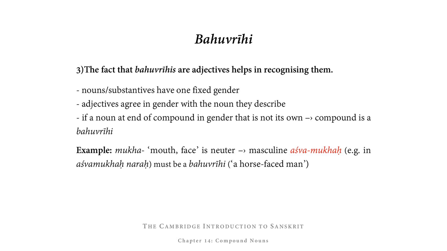And so, for example, if we have a phrase such as ashwa-mukhah narah, then what we're looking at in ashwa-mukhah must be someone, in this case narah, a man, whose face, mukhah, is a horse's, so a horse-faced man.